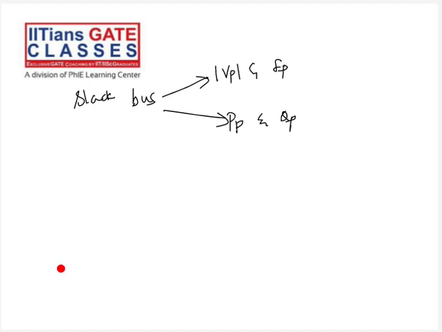So what we do is the power balance, right? When it comes to the slack bus, we find P as sigma Pg minus sigma P load, right?